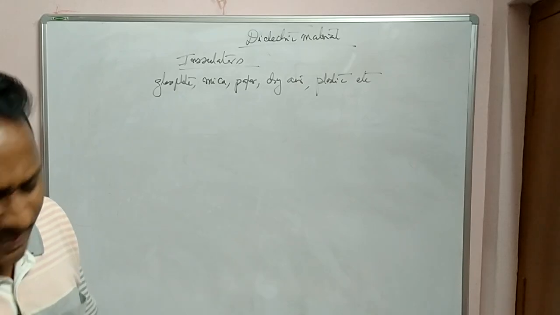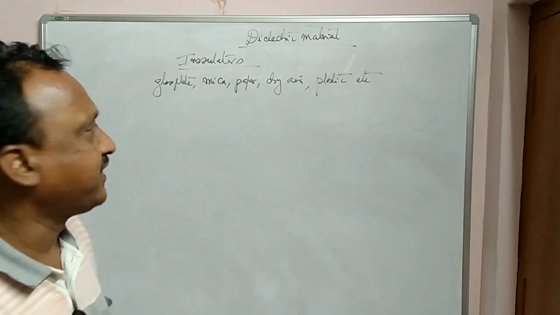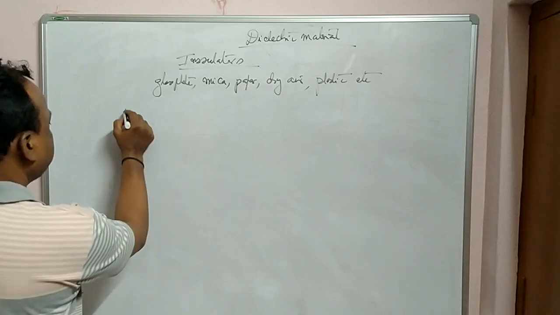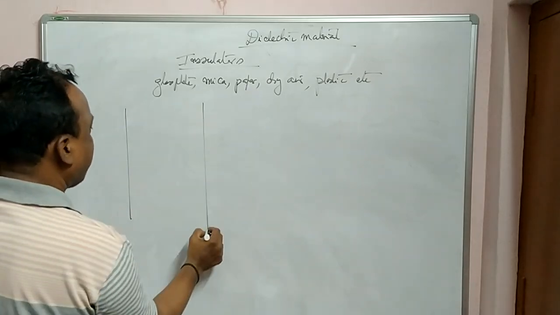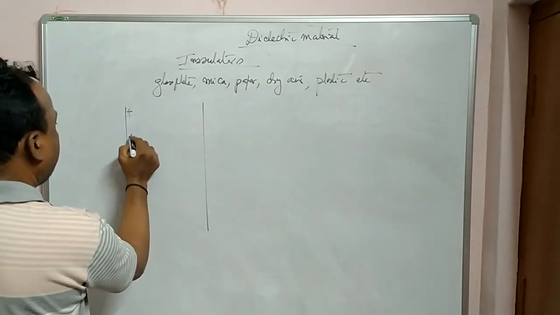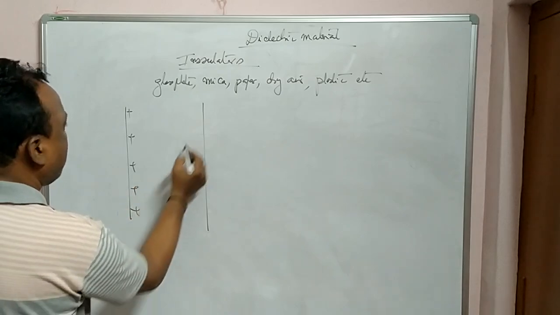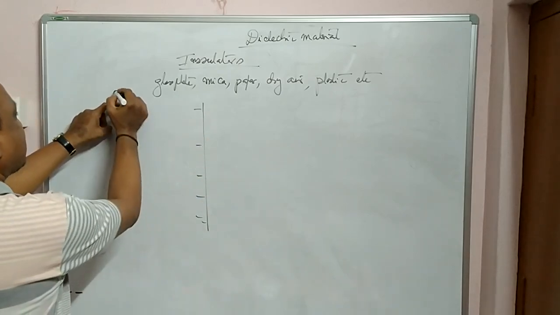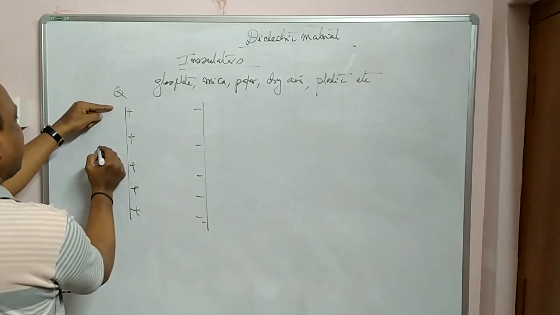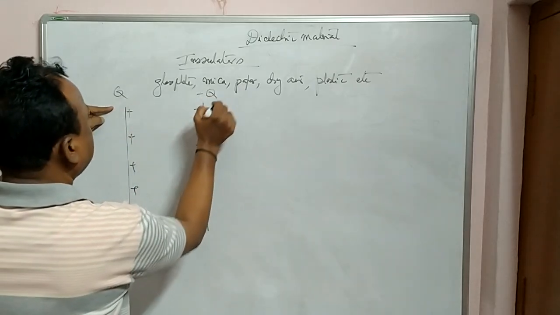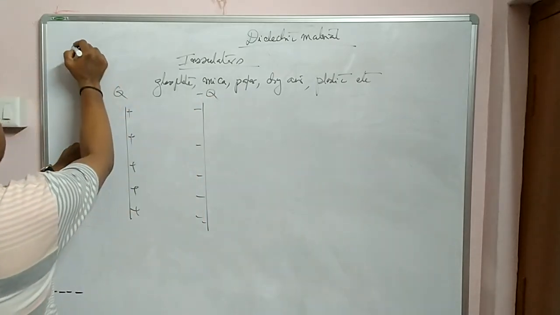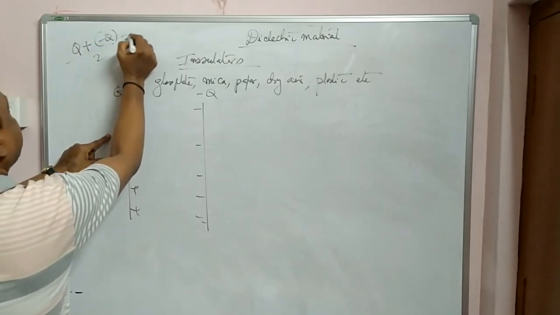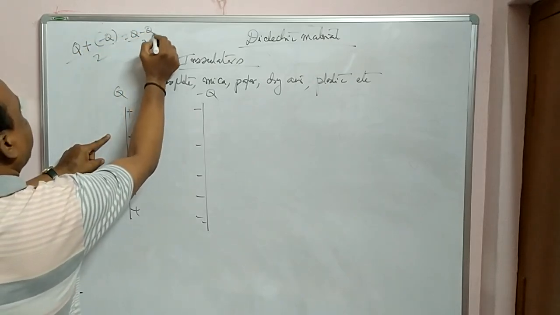Now what happens if these dielectrics are placed between two parallel plate capacitors? For example, here is a parallel plate capacitor. I already told you in previous classes how the distribution of charge goes. If there is plus q here, how much is outside? And here minus q. How to get the value? q plus minus q by 2, that is how much? q minus q by 2, 0.